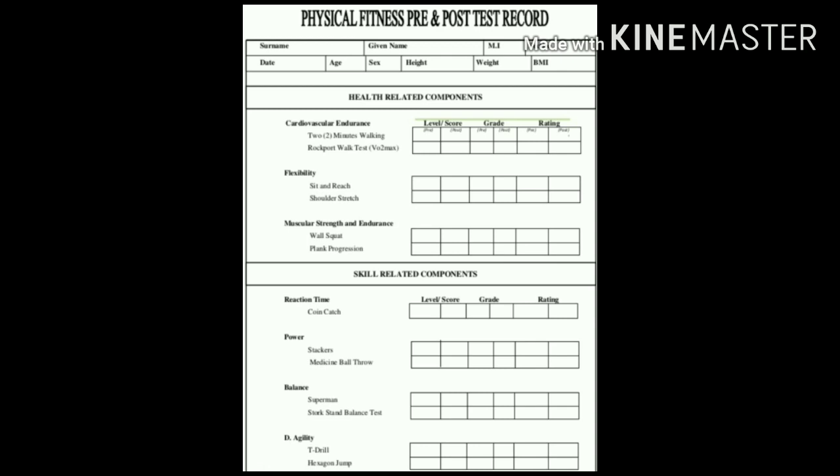VO2 max is equal to 35.97 times miles minus 11.29.